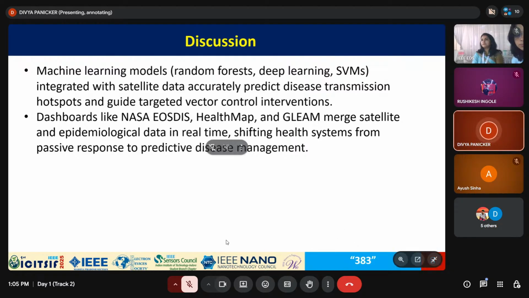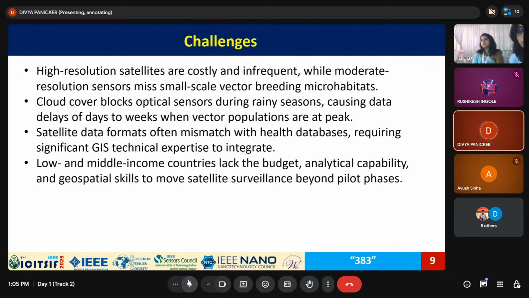Despite the potential, several practical challenges remain. The major technical barriers we face are that satellite data sets often do not integrate easily with healthcare databases, and effective implementation requires GIS and geospatial expertise.